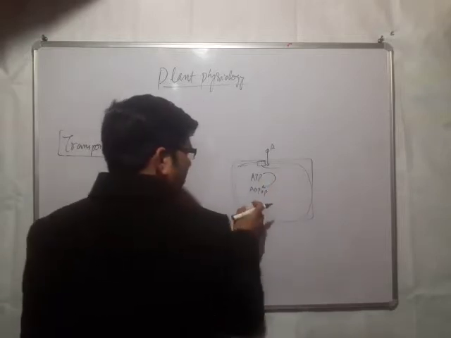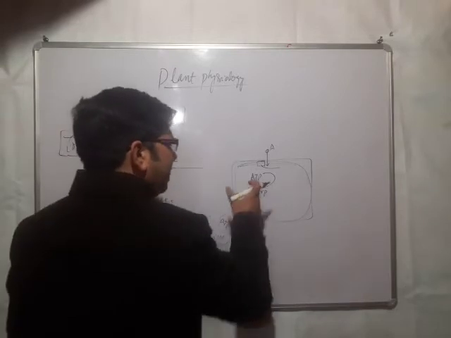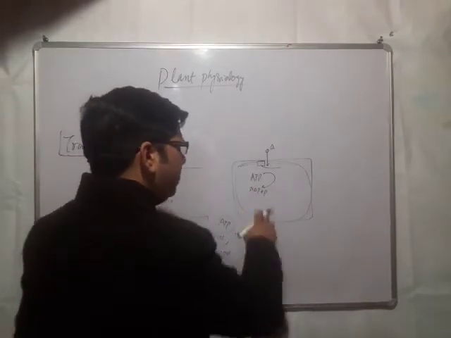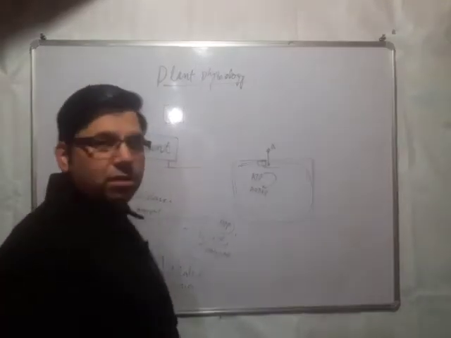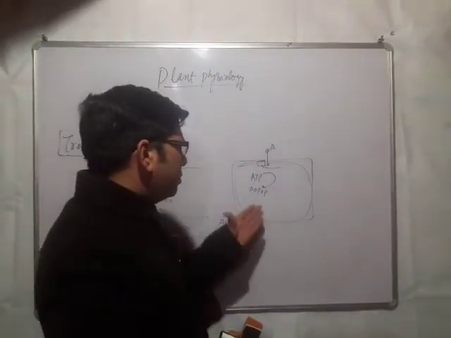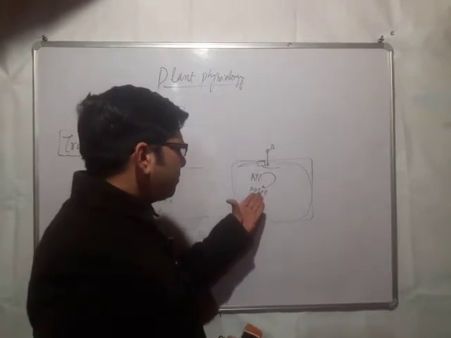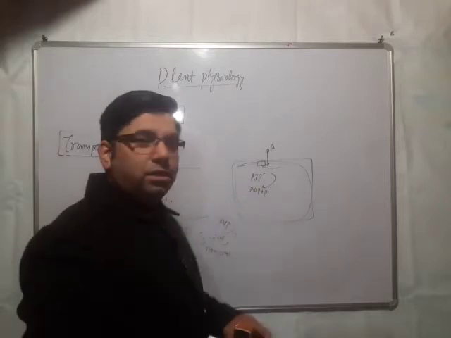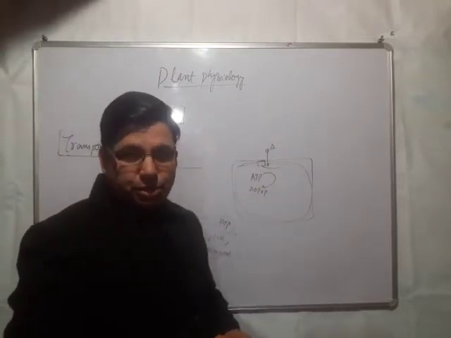ATP is broken down to ADP plus P. This P bond, which is a high-energy phosphate bond, when this P gets separated from the ATP, there is a release of energy.